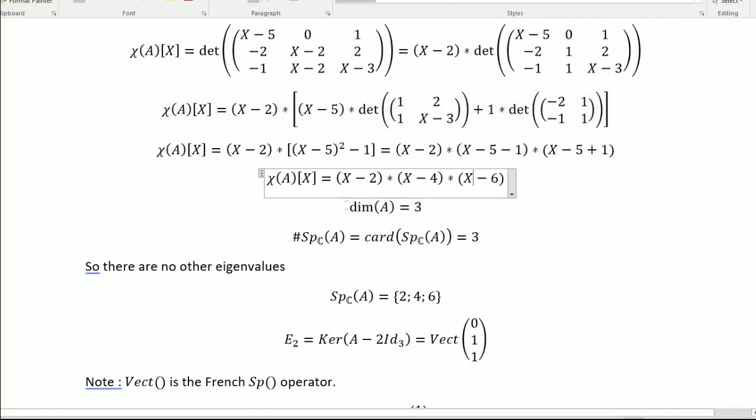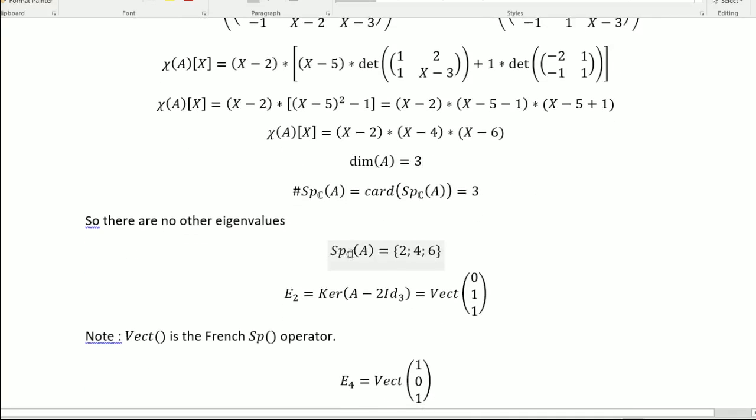So it's important to have that step. I know that in English universities, also in America and Australia, this step isn't required, but it's actually really important. So we know that there are no other eigenvalues. So the spectrum of A equals 2, 4, and 6.